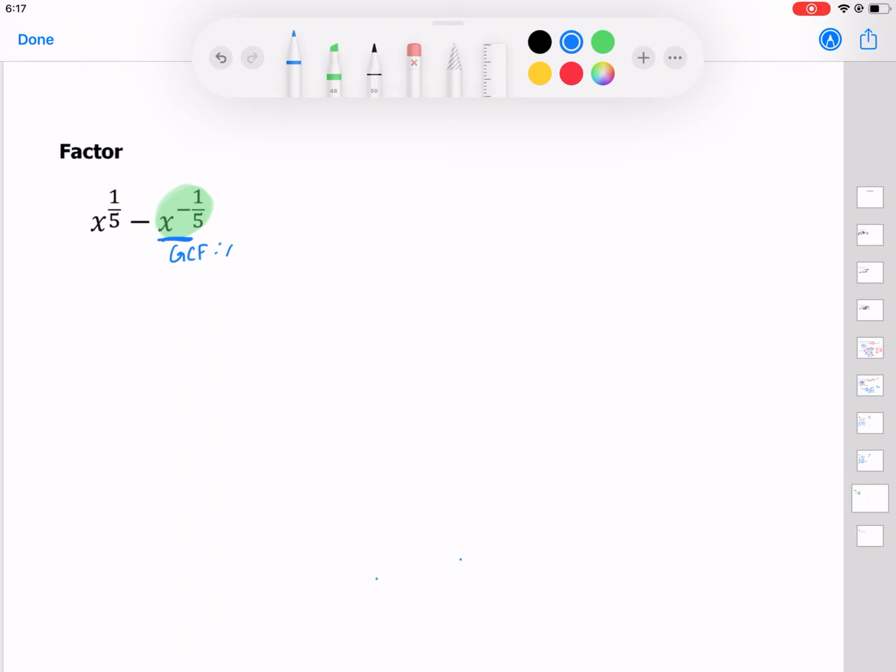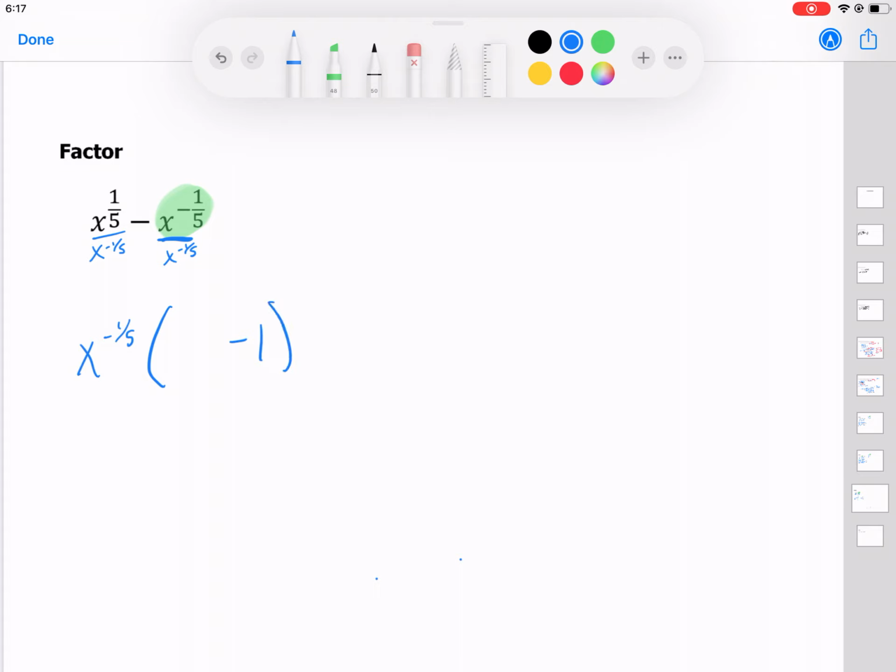So we're actually going to go ahead and take out x to the negative 1/5 power. Now by doing that, I'm actually going to be dividing both terms by x to the negative 1/5. That's going to be important to figure out what that first term is. Our last term, it's the same thing, so it's just going to be minus 1.